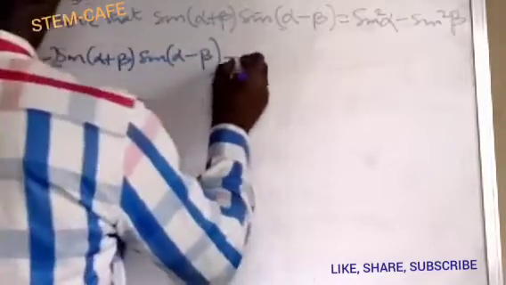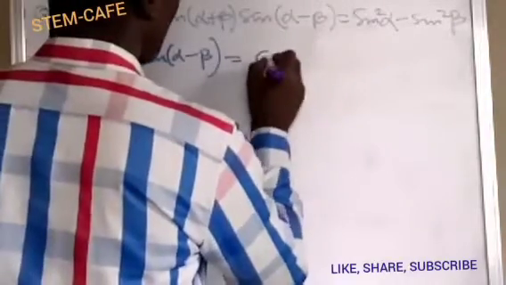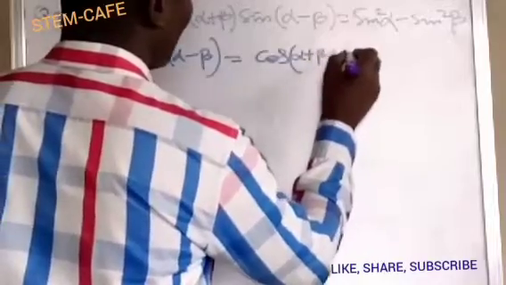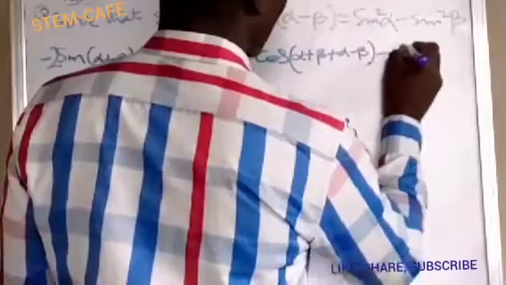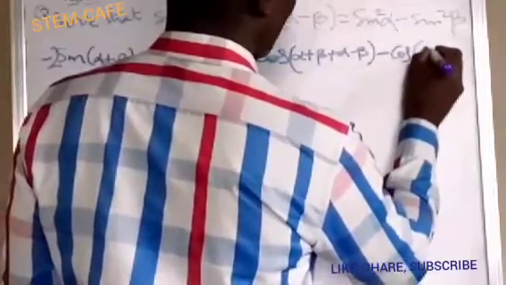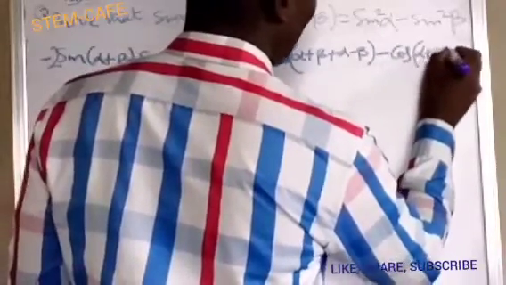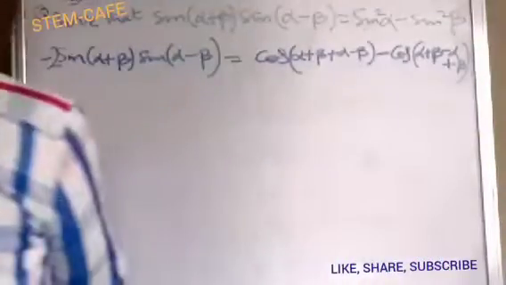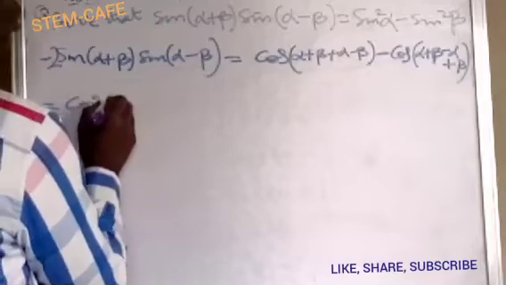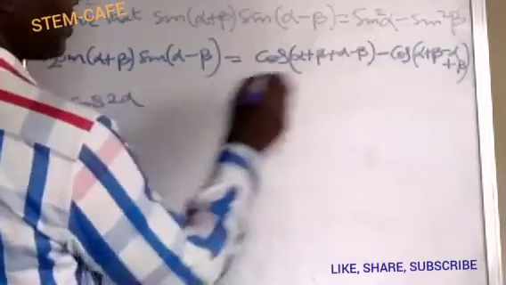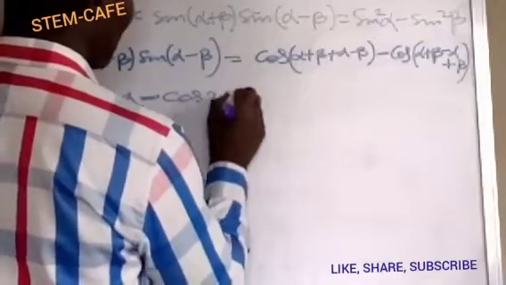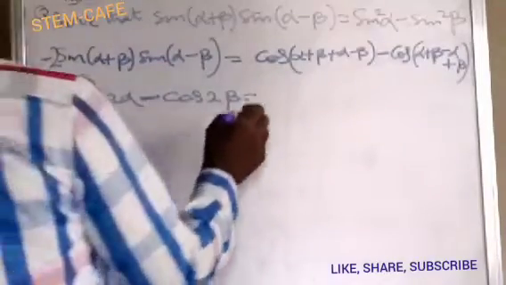Will be equal to cos alpha plus beta plus alpha minus beta minus cos alpha plus beta minus alpha plus beta. So it's going to give me cos 2 alpha minus cos 2 beta.